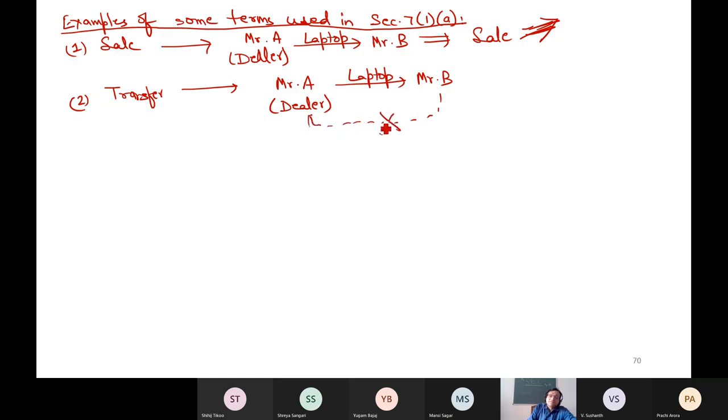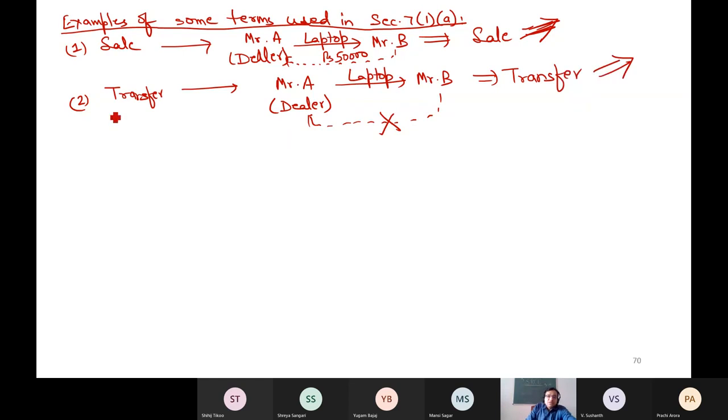Mr. B is not receiving anything. In the above example, Mr. A is receiving something: Mr. B paid rupees 50,000 to A. But in this example, Mr. B is not giving anything to Mr. A. It is what? Transfer. I cannot call it a sale. Technically, it is a transfer that I have transferred the ownership of my laptop to Mr. B without consideration. It's transfer.